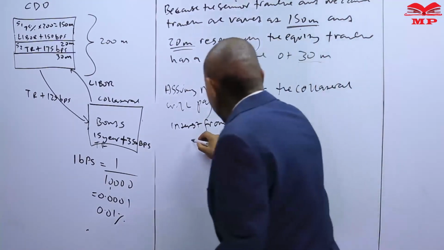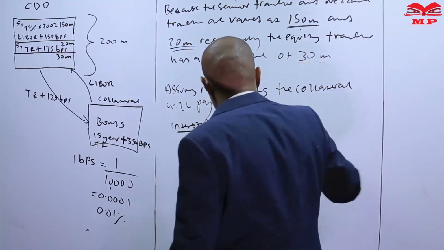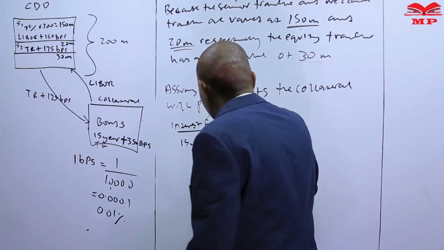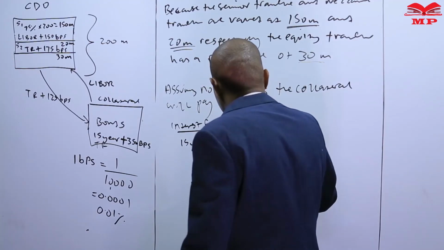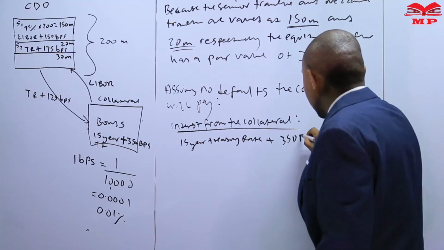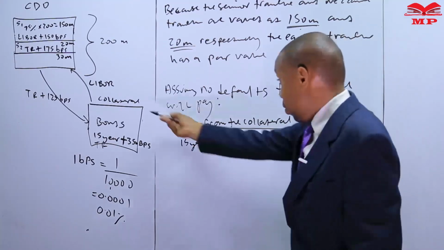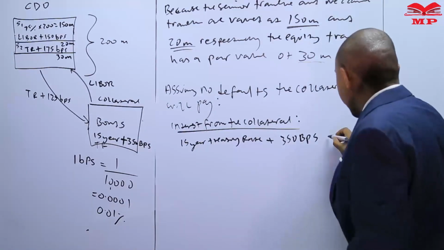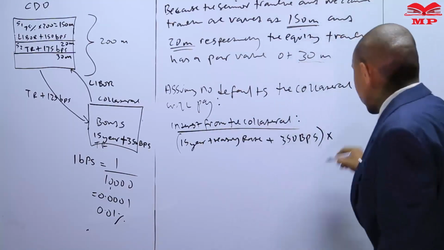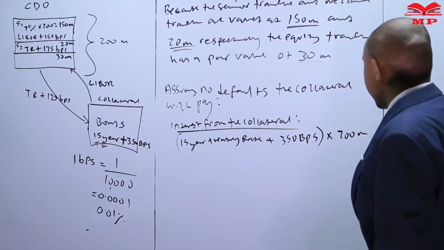So the interest from the collateral is going to be the 15-year treasury rate plus 350 BPS. Then we multiply that by the value of the collateral, which is 200 million right there.